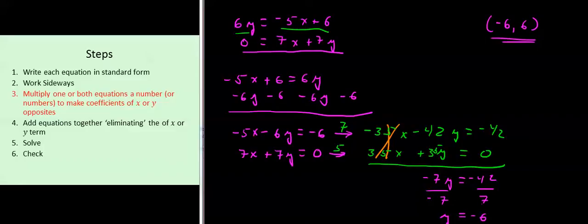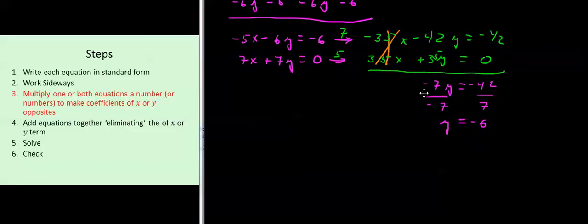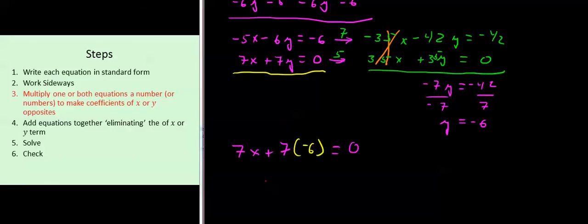Now I just choose an equation. Doesn't matter which one. Looking at this, I truly think this equation would be easier to work with because of the 0. So 7x plus 7y, replacing y with negative 6, is equal to 0. 7x minus 42.